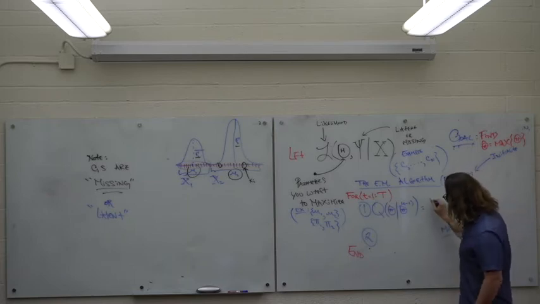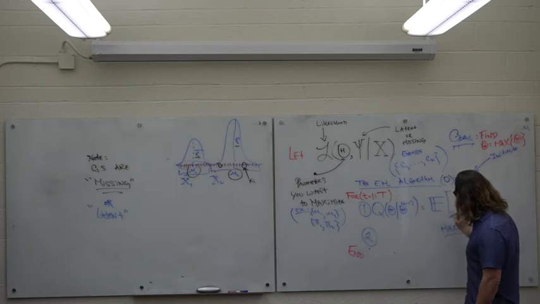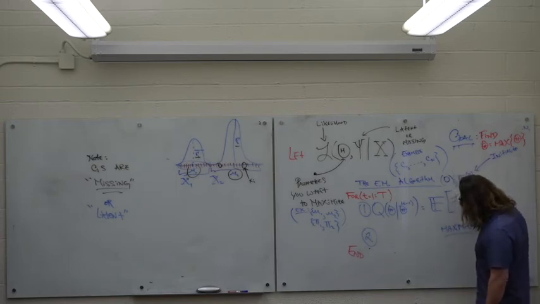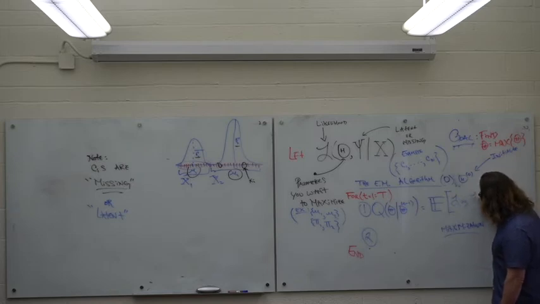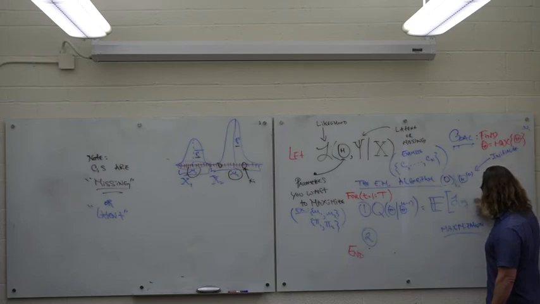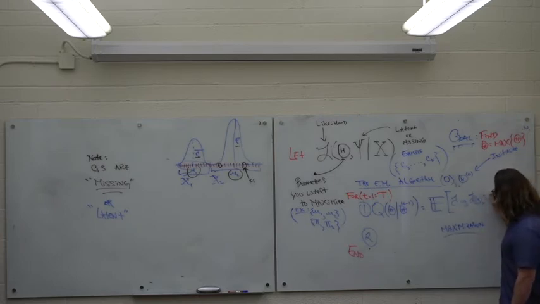And this is going to be finding an expectation. So it's going to be the log likelihood function. Our missing stuff right here.